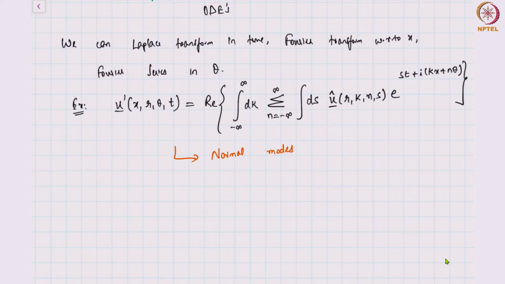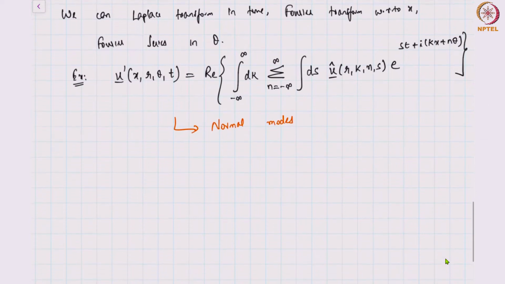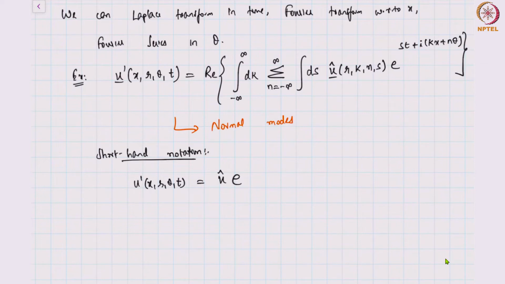Now in general one doesn't write such an elaborate expression, but uses a shorthand notation to simply say u prime of x, r, theta and t is just u hat e power st plus i kx plus n theta.